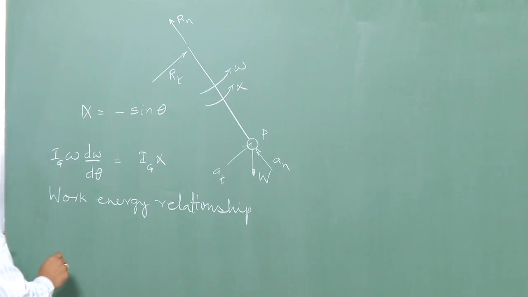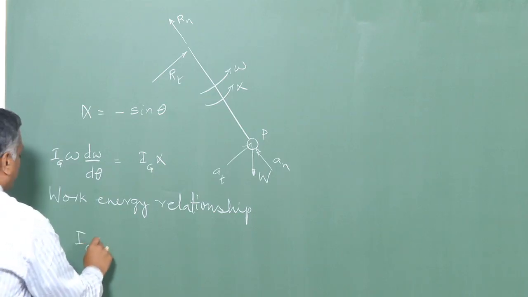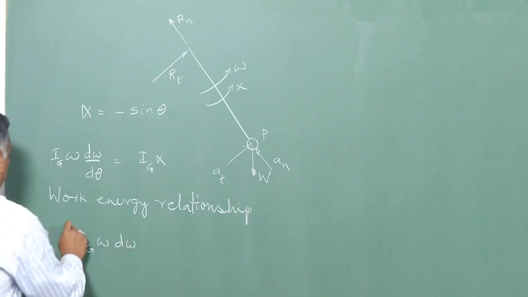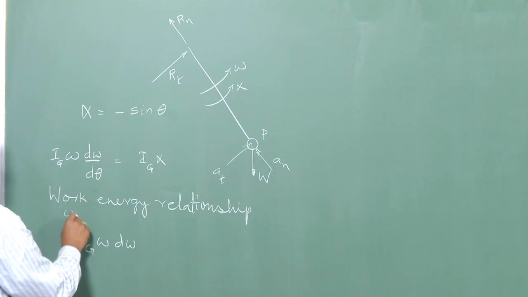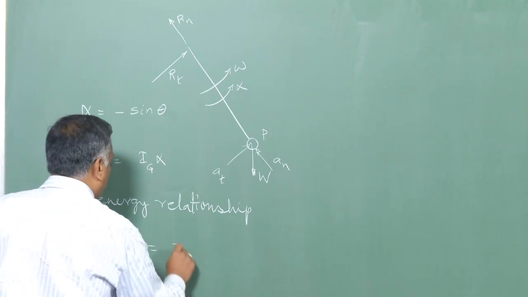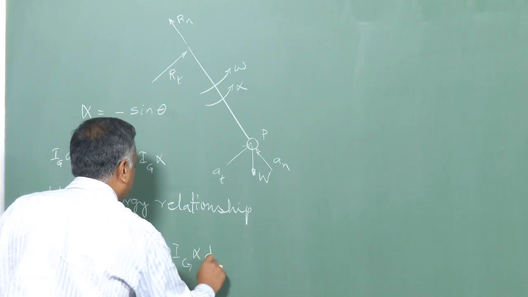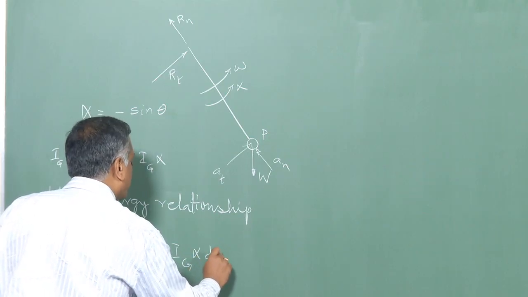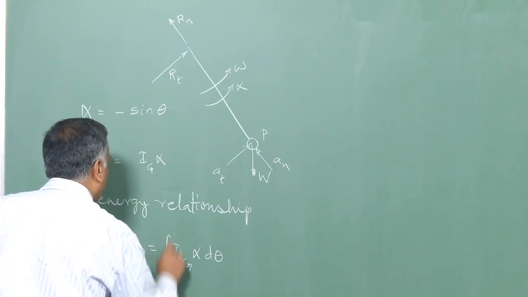Okay, to bring it into a more familiar form, Ig omega d omega from some omega 1 to omega 2 equals Ig alpha d theta from some theta 1 to theta 2.